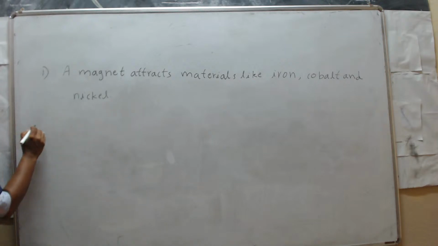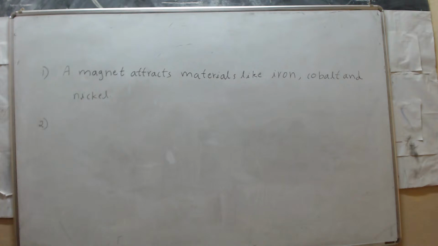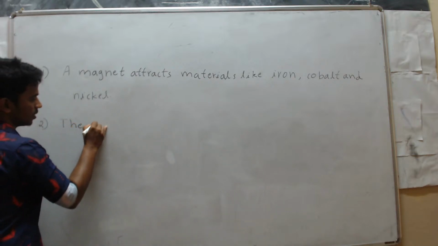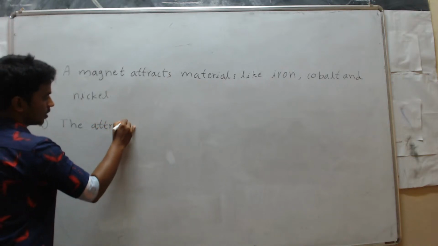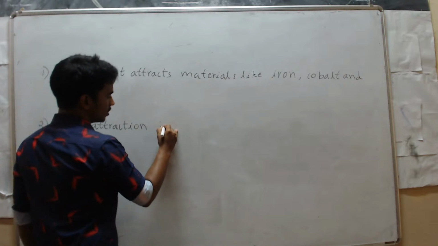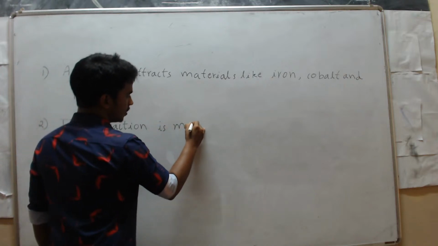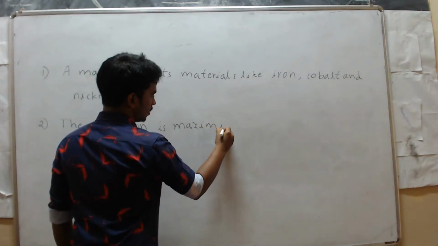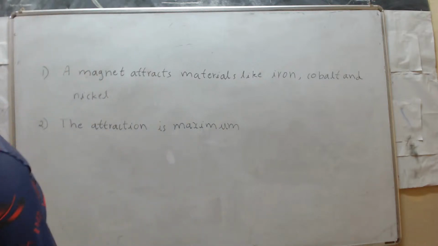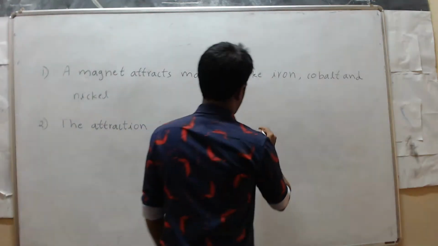Next, second property: the attraction is maximum at the ends of the magnet.